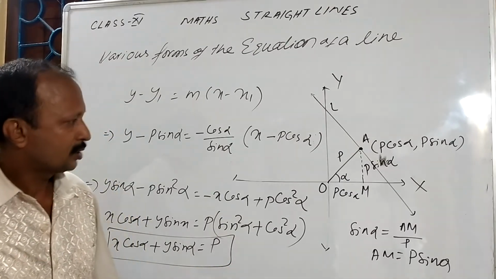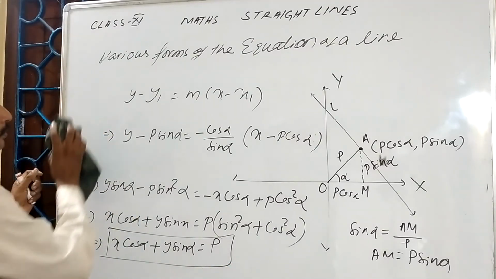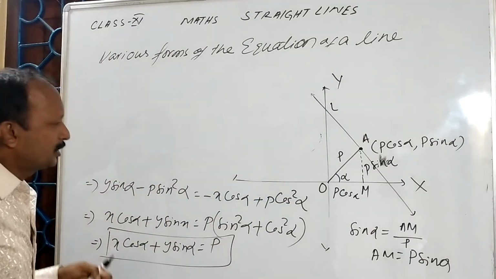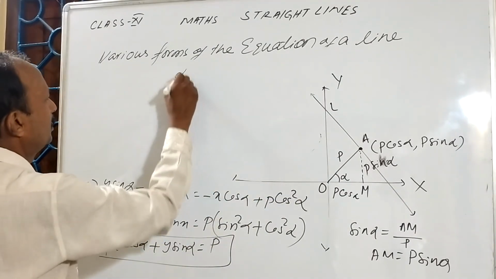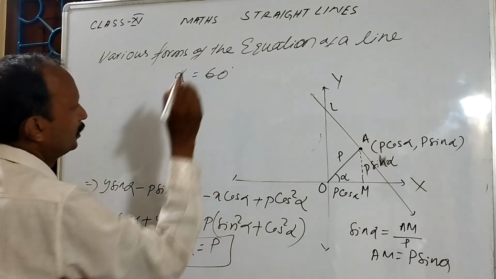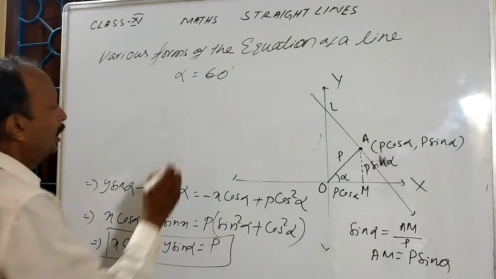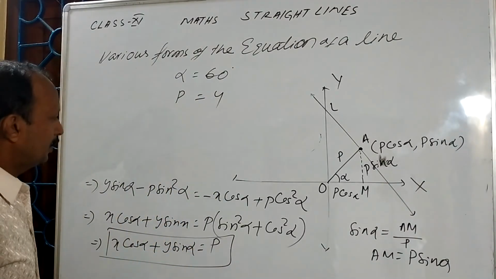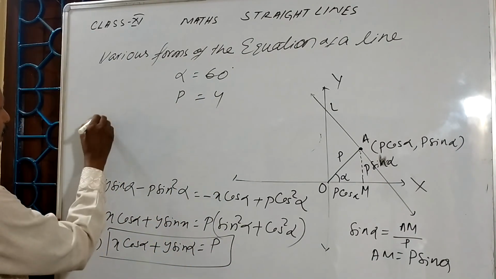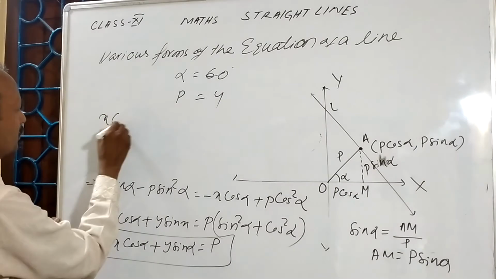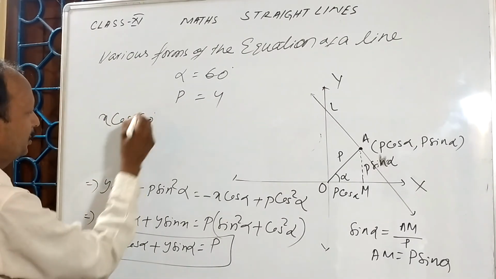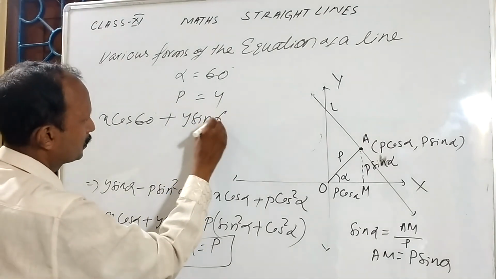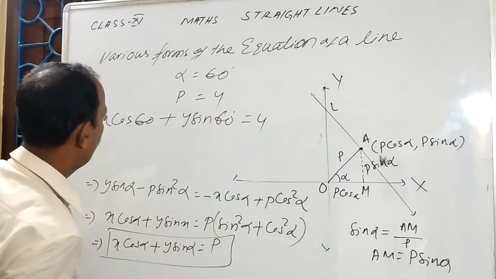One example you see. For example, this alpha equal to 60 degrees is given. Think that alpha equal to 60 degrees and this perpendicular P is given as 4. Then I can write x cos 60 degrees plus y sin 60 degrees is equal to 4.